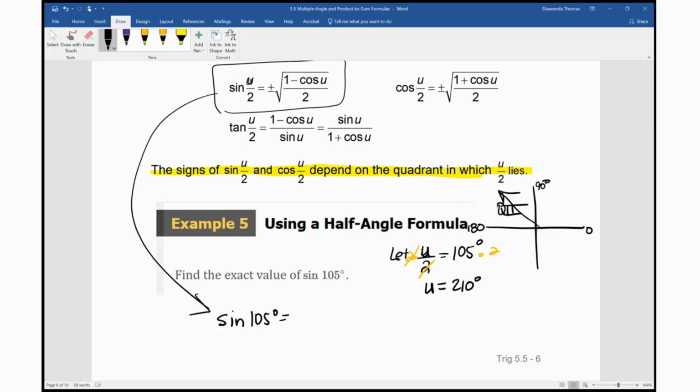Is sine negative or positive in this quadrant? Positive. So even though they have a plus or minus formula, the plus or minus depends on the quadrant. Because we're talking about sine, we know that it's going to be positive, so we don't need to put plus or minus. So the square root of 1 minus cosine, our u is 210 degrees, over 2.